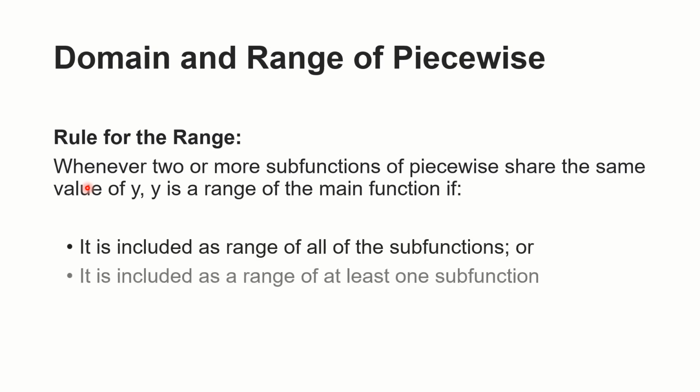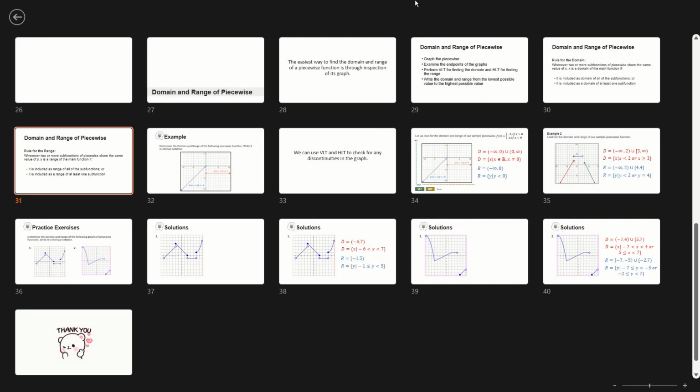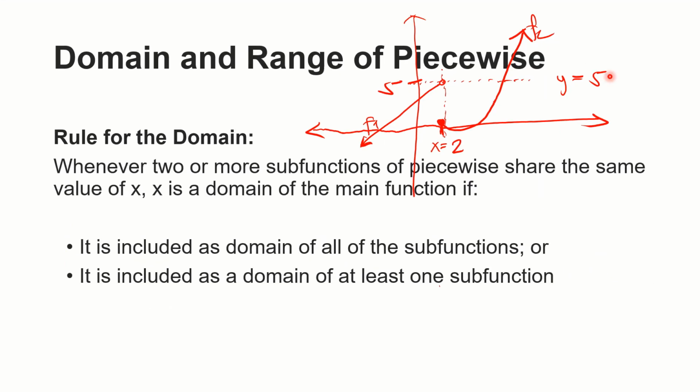Let's go back to our previous graph. So if we look at this point, let's say this is 3. So let's say that this part here is 3.